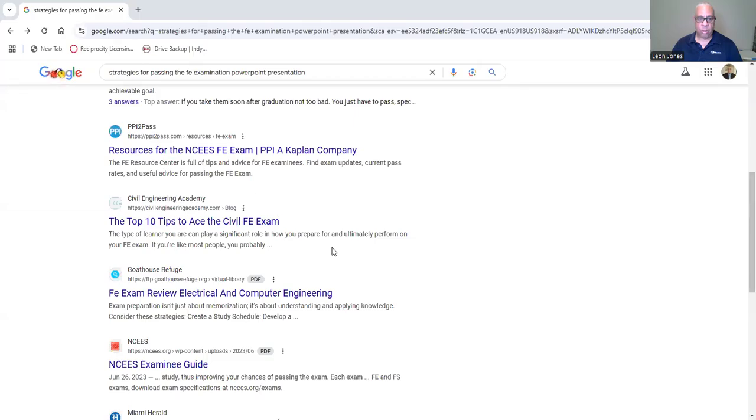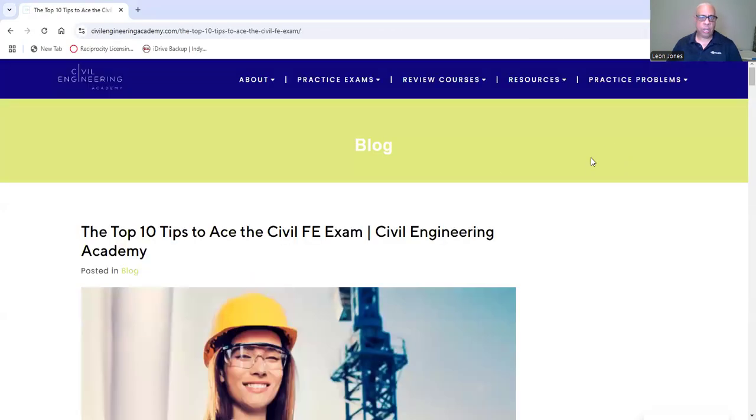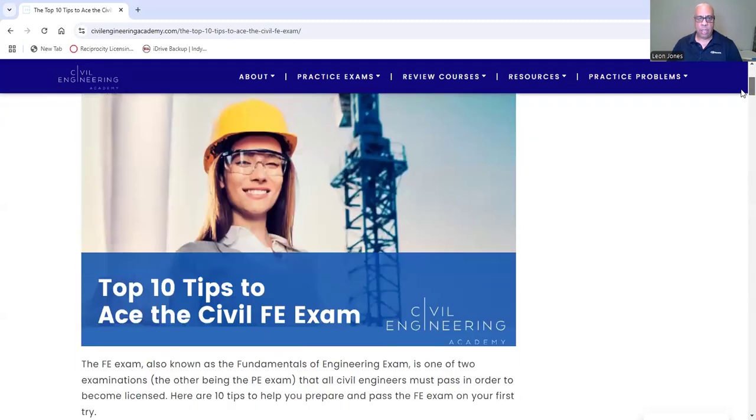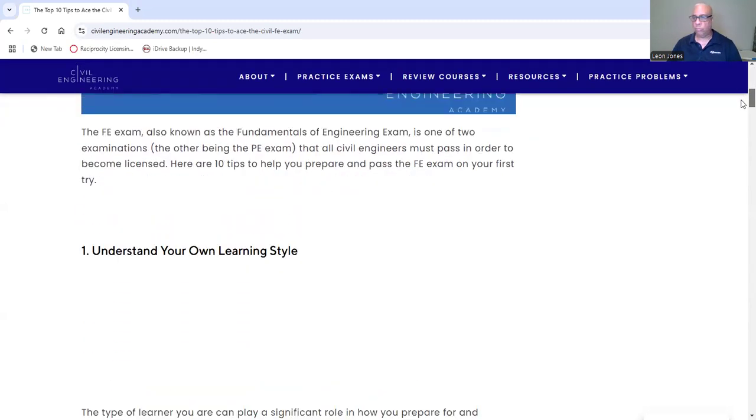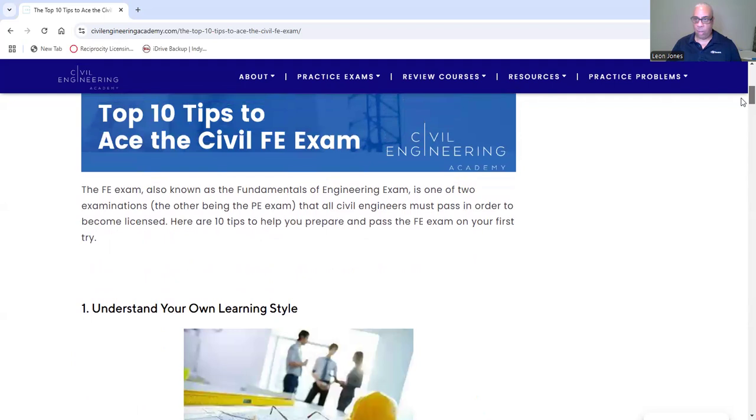And something else that we can see now, of course, there are different strategies. Now, this is from the Civil Engineering Academy, and they give you 10 tips, and regardless of what FE examination you're taking, the strategy is the same.